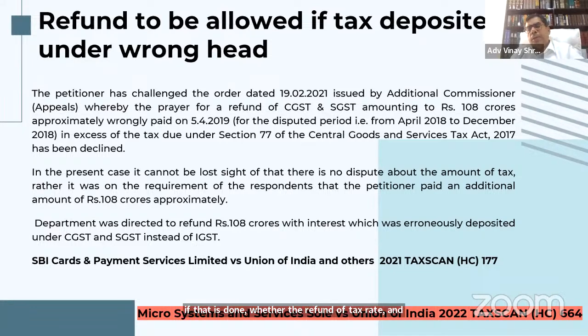Herein, there was a case where the wrong payment of tax was made under CGST and SGST instead of IGST. So once the error was noticed, the concerned SAC paid the tax under the correct head, and simultaneously after making such a payment, filed for refund of tax paid under the wrong head, and the department denied it.